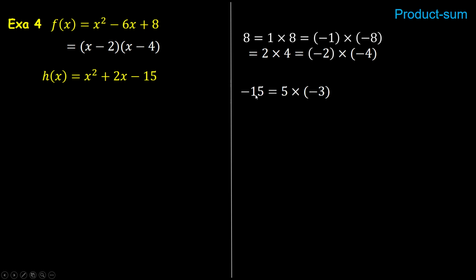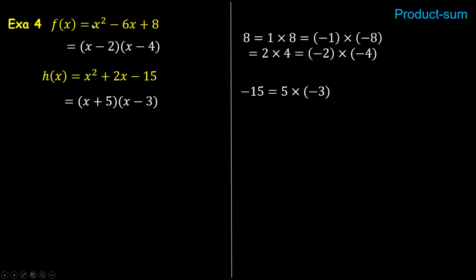Okay, so notice minus 15 is positive 5 times minus 3. And if you take the sum, it gives you 2. So that means the answer should be x plus 5 and then x minus 3. That's it. Fairly simple.